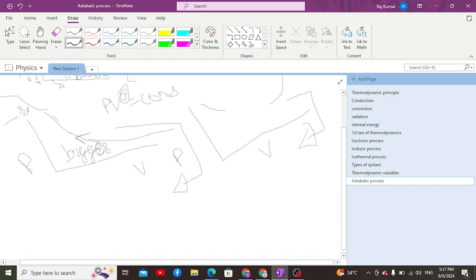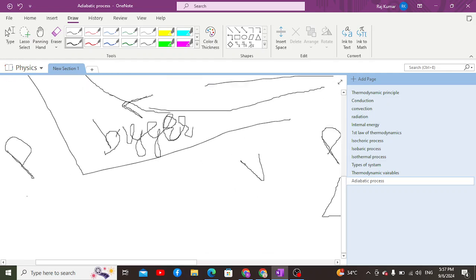So the applications of the adiabatic graph and practical terminologies: the adiabatic process occurs in the traveling of sound waves in the form of compression and rarefaction. And the second condition is the formation of clouds in the atmosphere.